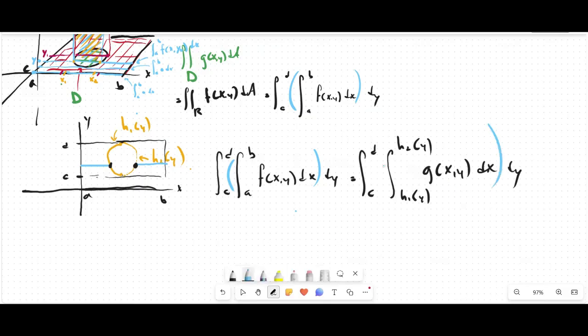This is the same thing. Note, it's kind of obvious, but the bounds depend on y. We have a function here and a function here, because if you change to a different y value, you may have a different lower bound and a different upper bound.